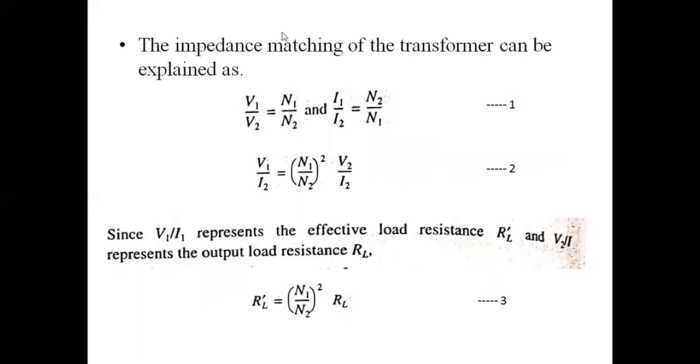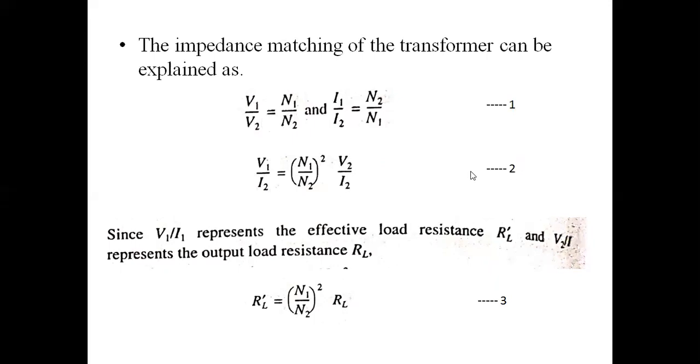The impedance matching of the transformer can be explained by taking the ratio V1 by V2 equal to N1 by N2, and the current ratio I1 by I2 equal to N2 by N1. Call this equation number 1. Then V1 by I1 is equal to (N1 by N2) square times V2 by I2.